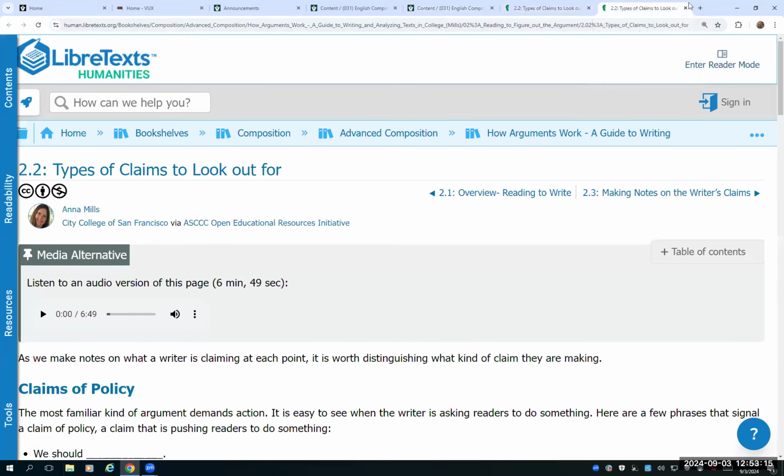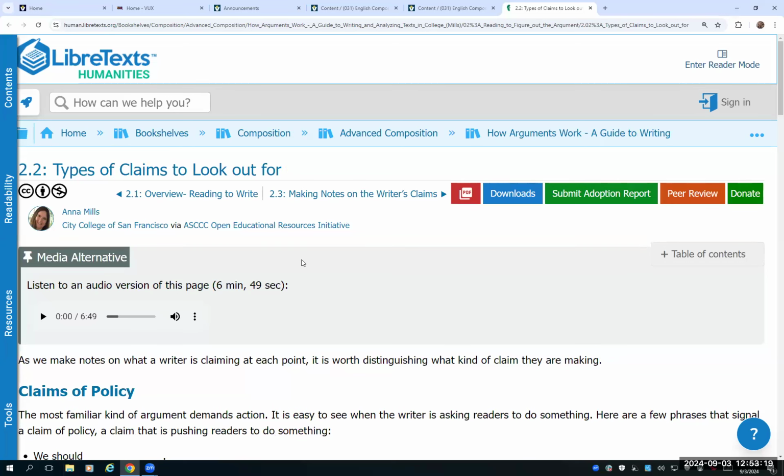All right, so this is from our textbook, Anna Bill's How Arguments Work. And what she does in this part of her textbook is she's going to give us some clues and some sentence stems to look for when we're looking for claims in what we're reading.